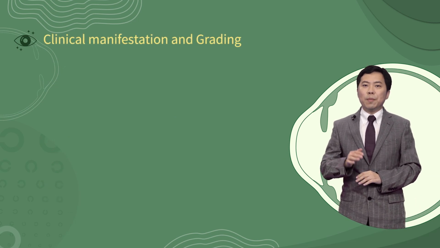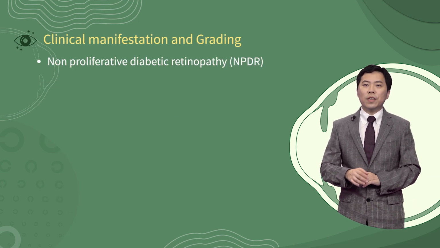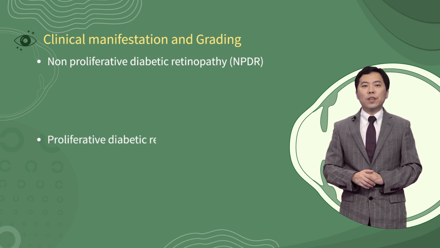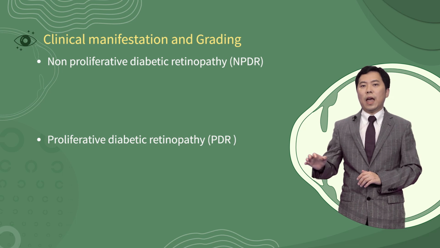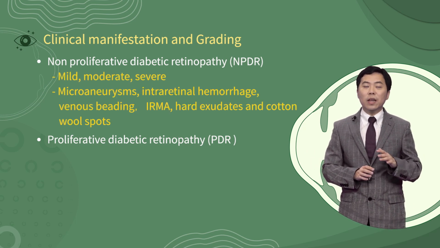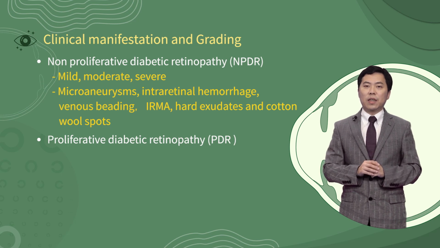Diabetic retinopathy can be graded into non-proliferative diabetic retinopathy, NPDR, and proliferative diabetic retinopathy, PDR. NPDR can be further classified into mild, moderate, and severe.